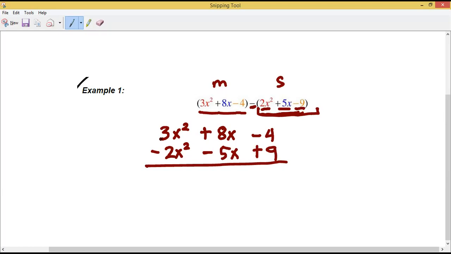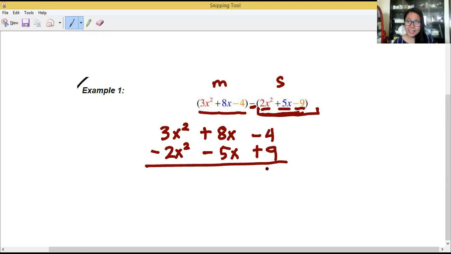The next one, we need to add numerical coefficients. Example, just add or subtract the numbers. 3 minus 2, that is 1, write 1. Copy the literal coefficient, x squared. Next, 8 minus 5, 3. So plus 3, copy the literal coefficient, x.